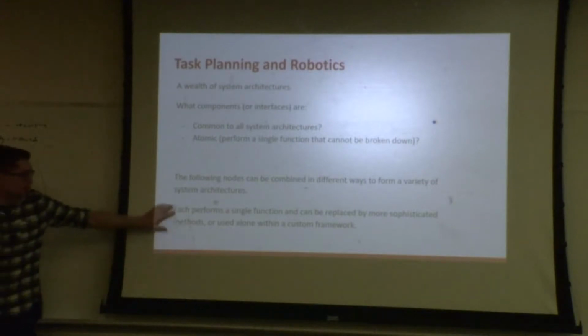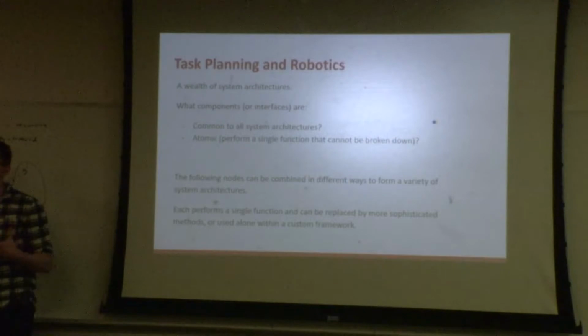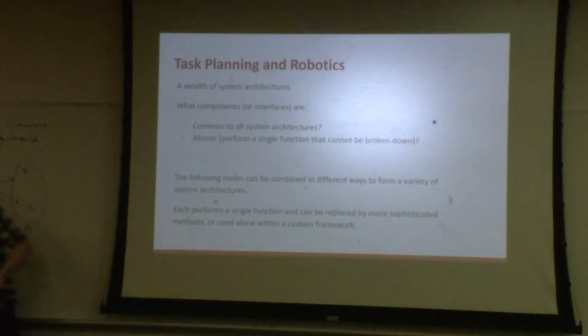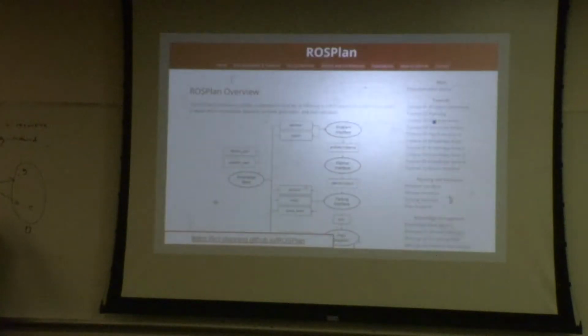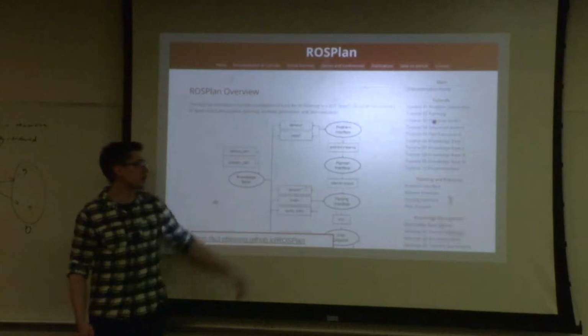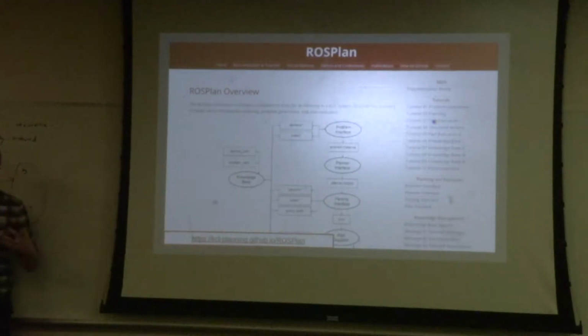So this is an important point. When you download ROSPlan, there is an example launch file. You can launch it, and it launches the demo system. I think there was a picture of it. Here are some boxes and arrows. This is a system architecture for doing planning. But this is only one way in which these nodes can be connected.